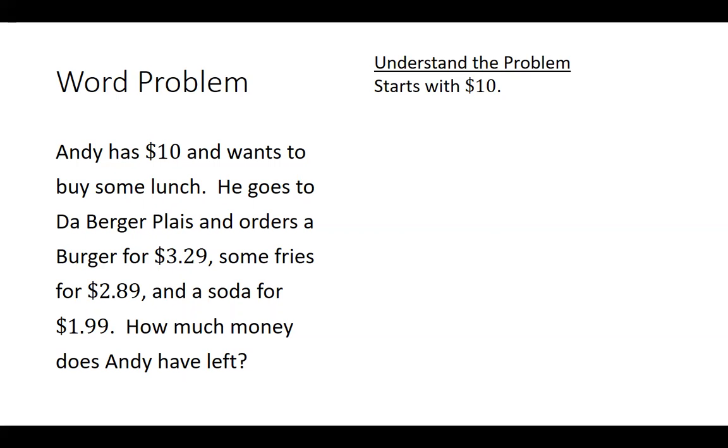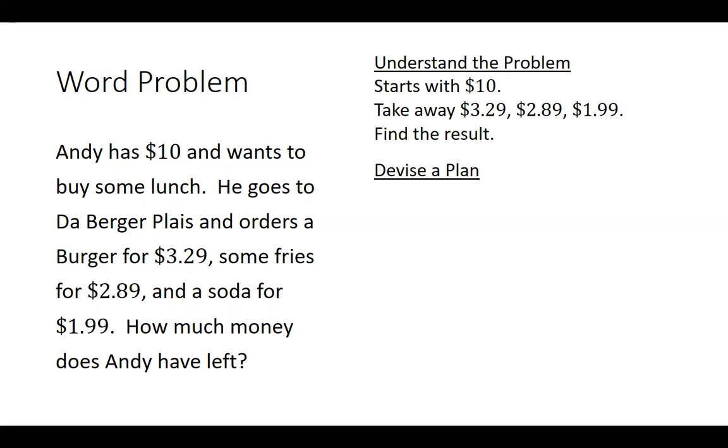So he's starting with $10 and then he's taking away $3.29, $2.89, and $1.99. How much money does Andy have left? So we're looking to find the result of this problem. Starting with a certain amount, taking away certain amounts, find out what's left. What is the result?